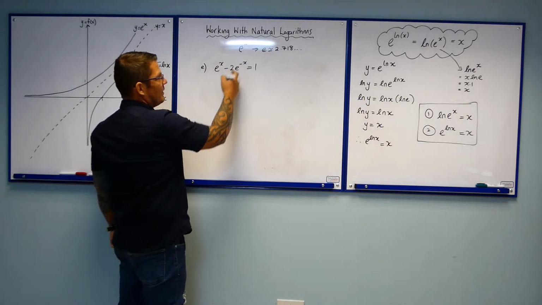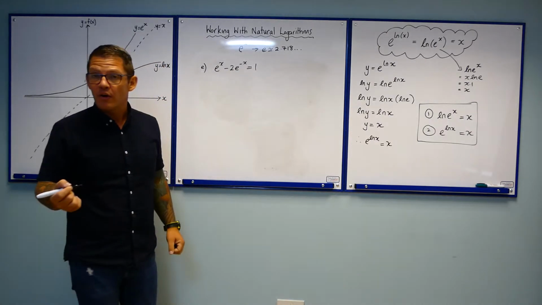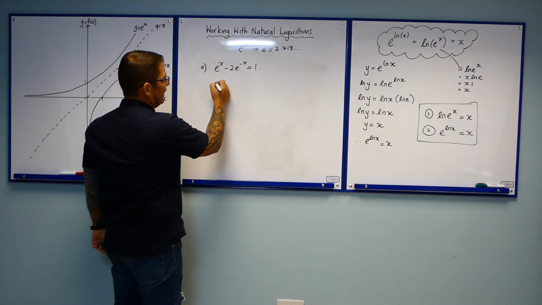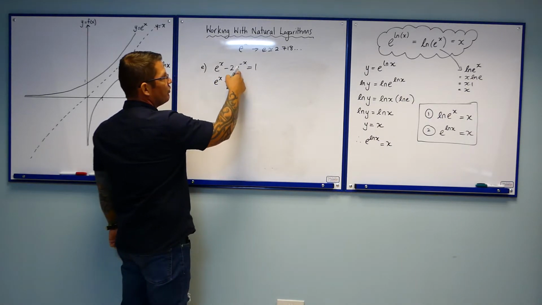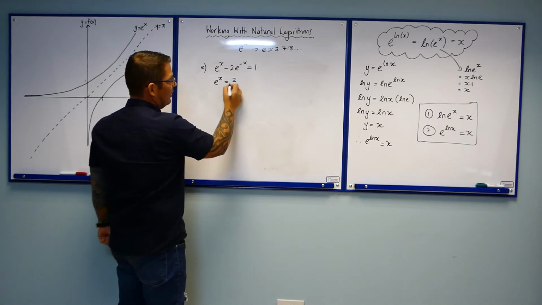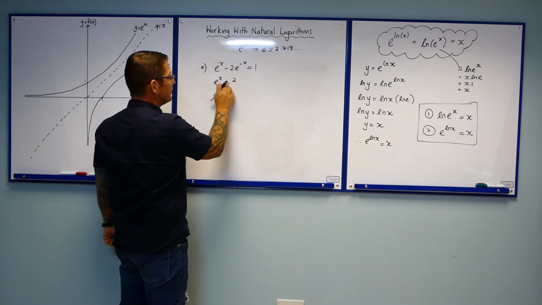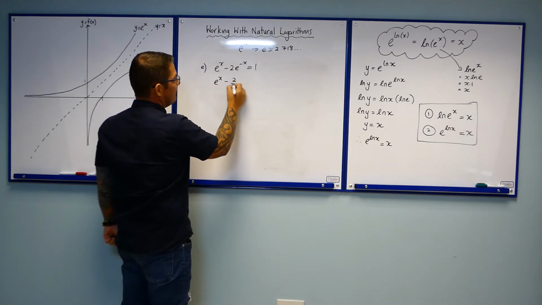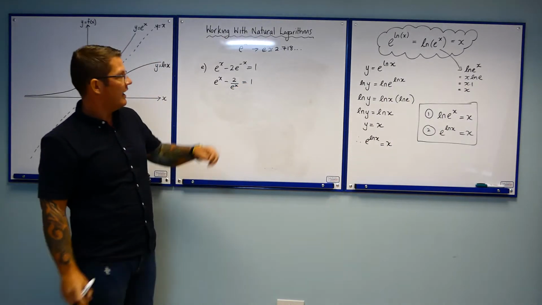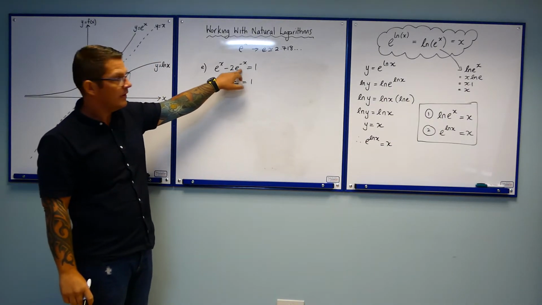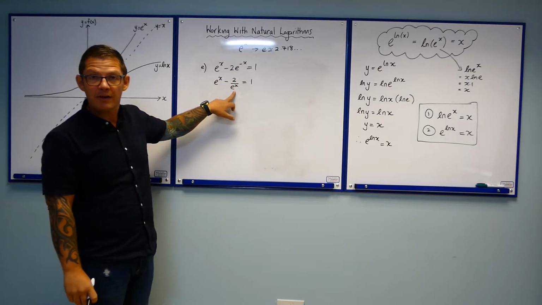Because this e to the minus x is the same as 1 over e to the positive x. So I can write e to the x minus 2 times 1 over e to the x equals 1. So it's minus 2 over e to the x equals 1. All I've actually done there is take that e to the x term to the bottom, and it's underneath 2 now.